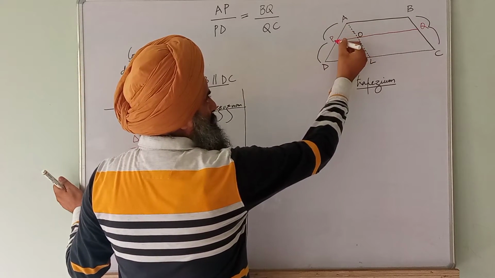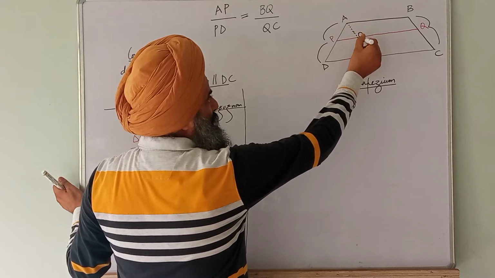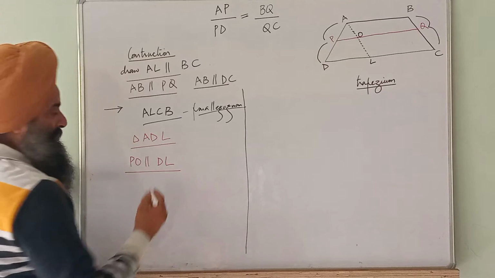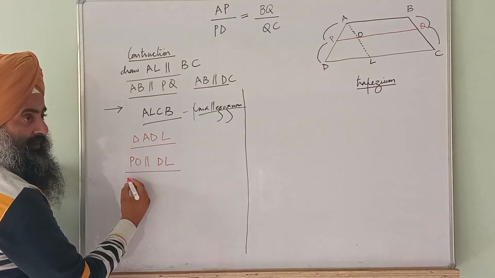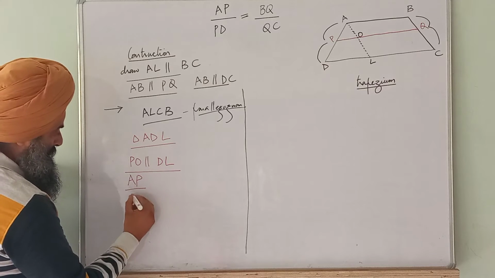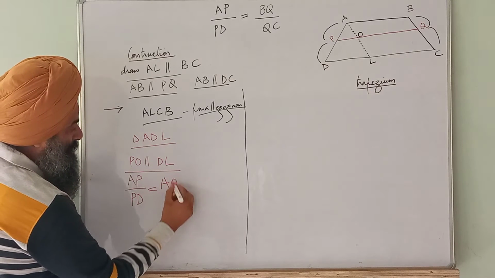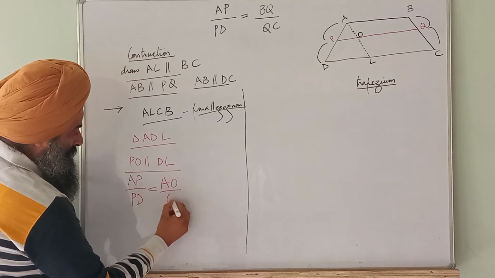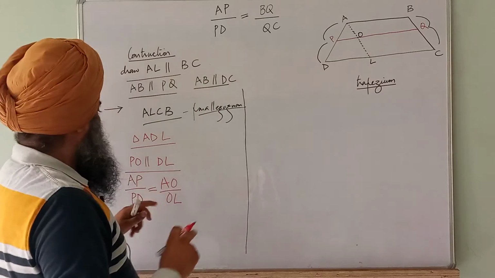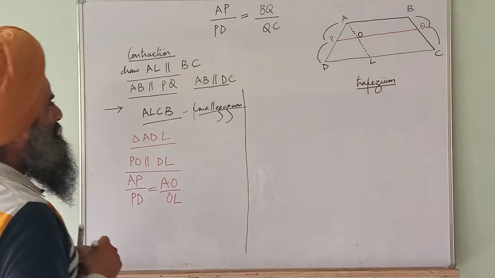This is AP and this is PD. This is AO and this is OL. AP by PD will be equal to AO by OL. Yes, AO by OL.